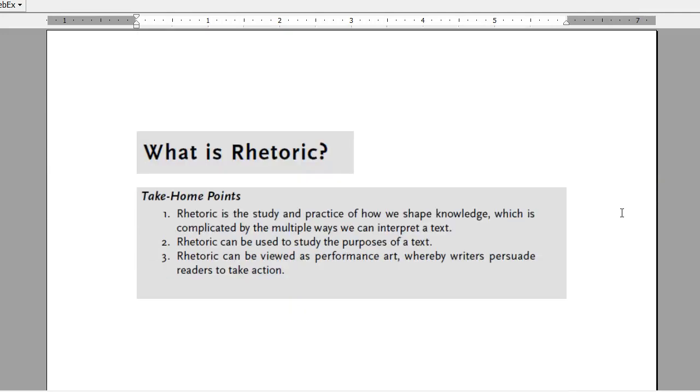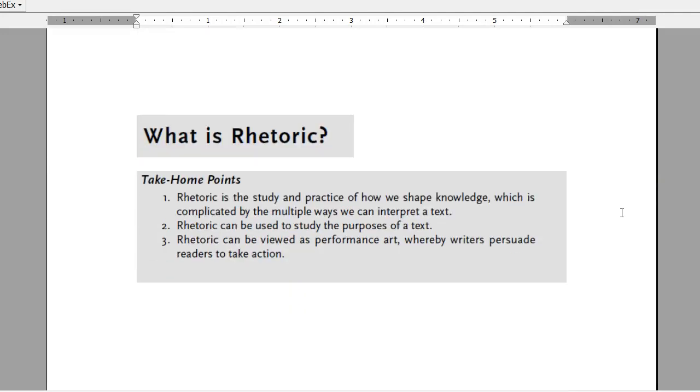In short, these 3 points will help you get a grasp of what rhetoric is. The first point is rhetoric is the study and practice of how we shape knowledge, which is complicated by the multiple ways we can interpret a text.